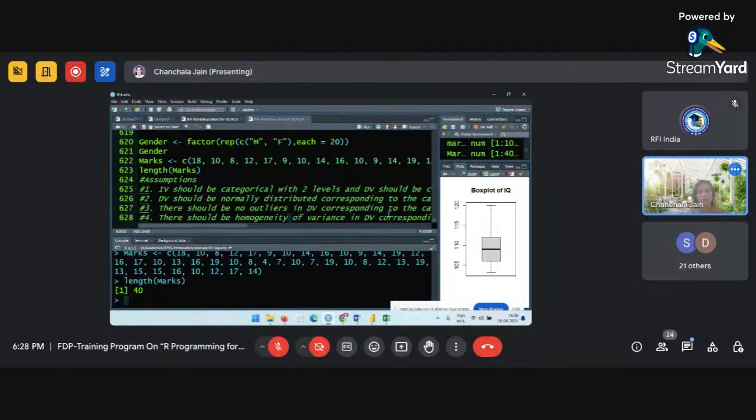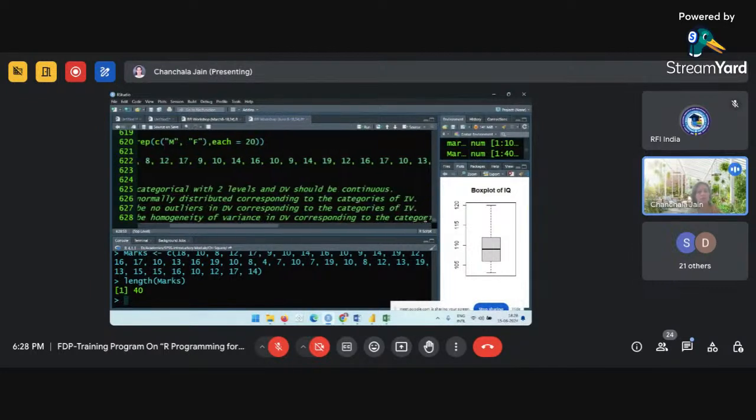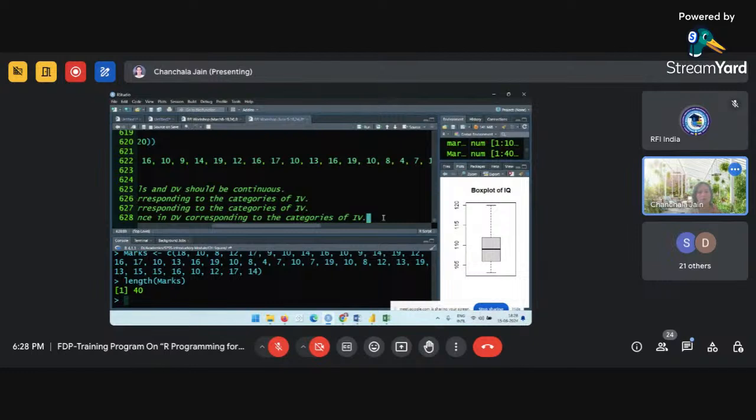Clear to everyone? These are the 4 assumptions which you need to check, right?